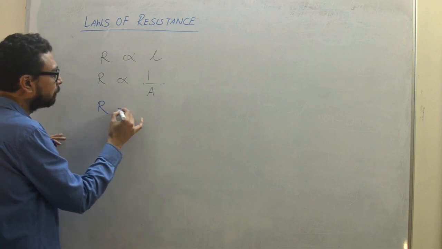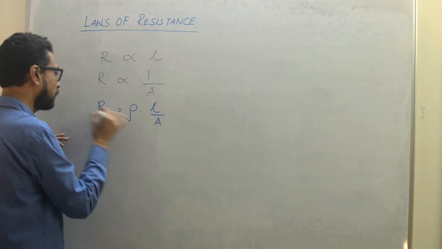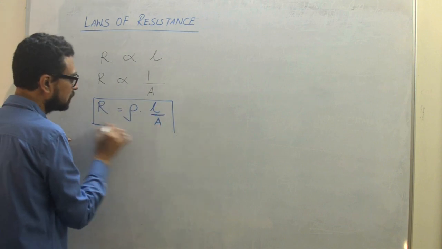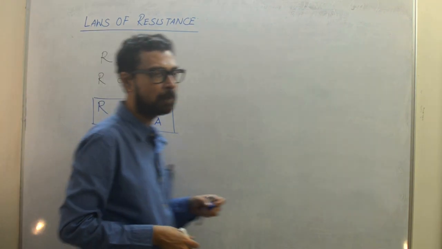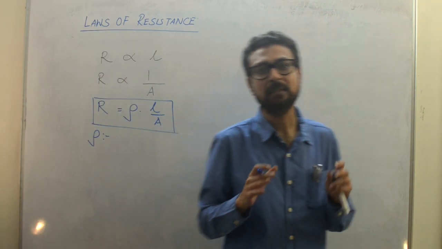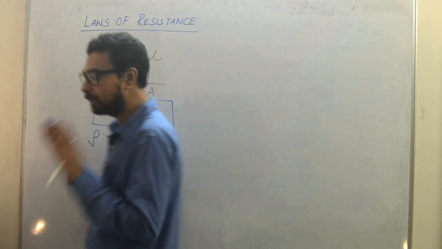We can actually bring in a constant, which is called rho, combining these two, and this symbol rho is a very specific property of a conductor, and it is called resistivity. This is a very interesting fact.